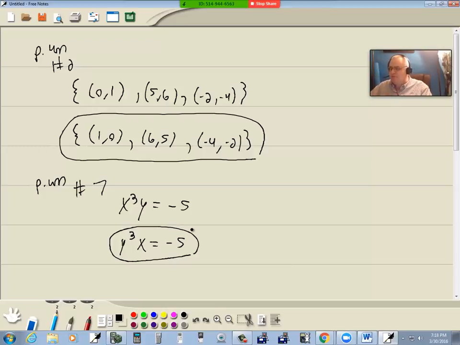Some of these problems involve us graphically determining the inverse.